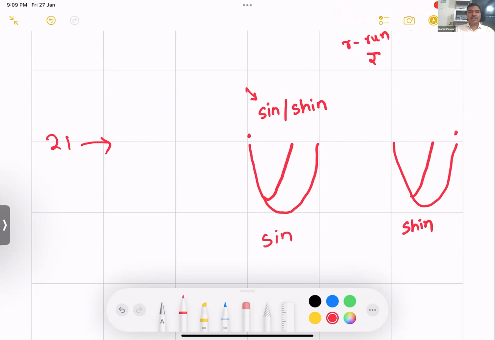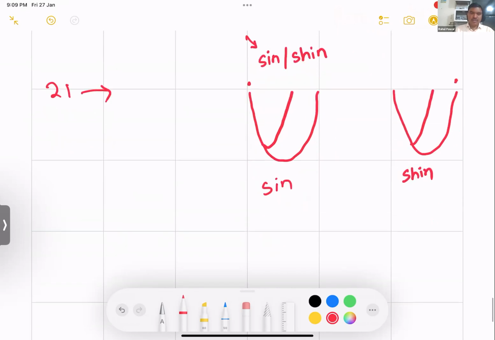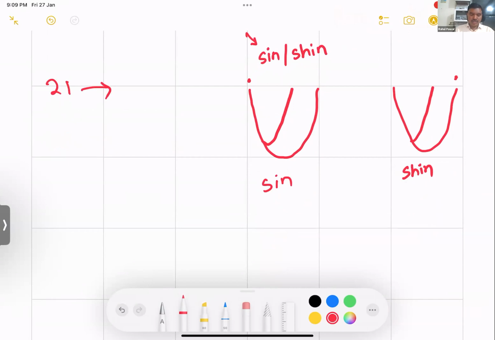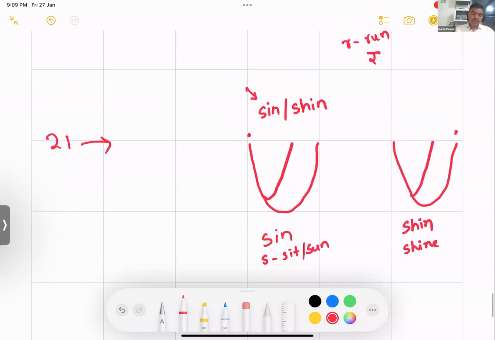Sin and Shin. It gives the S sound as in sit or sun. While writing this Shin, we are going from left to right.